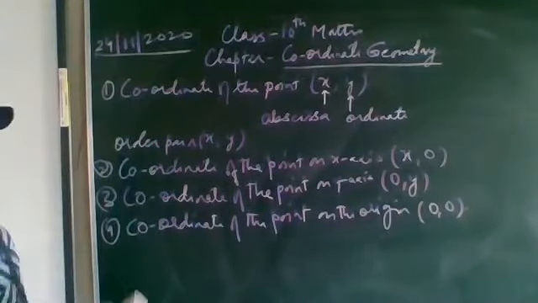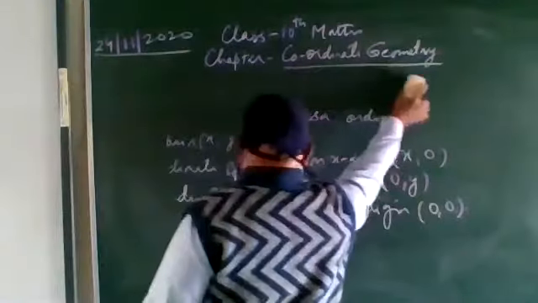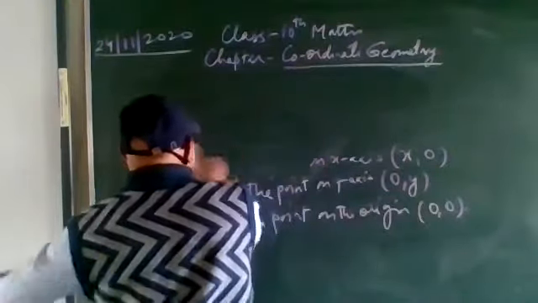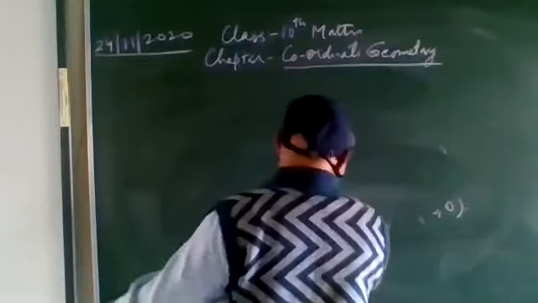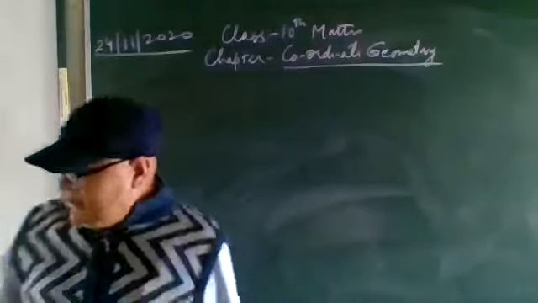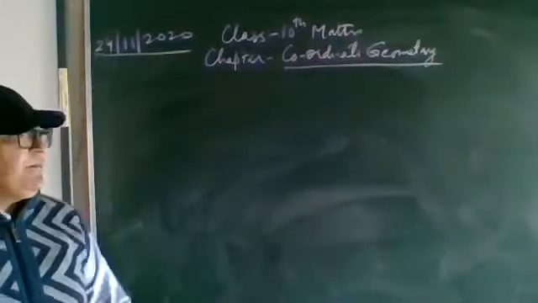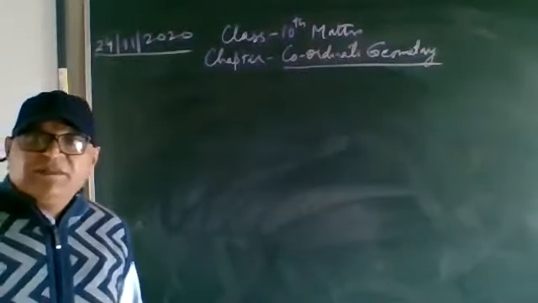But the very important thing I want to say is the application of the distance formula. All of you must be knowing the distance formula; you can find the length of a line segment.